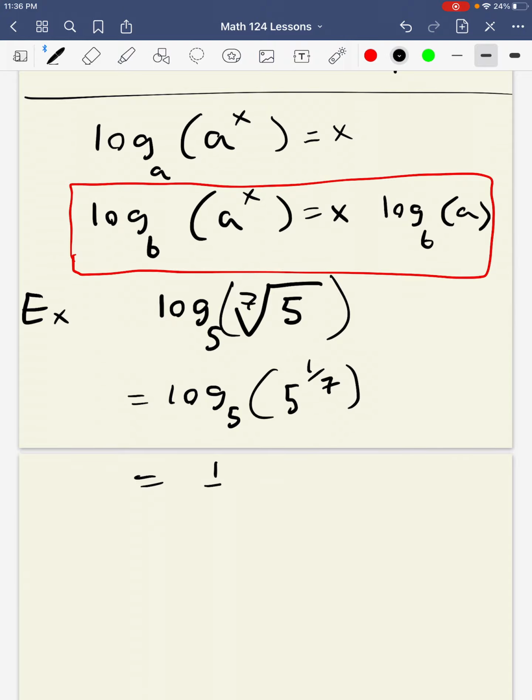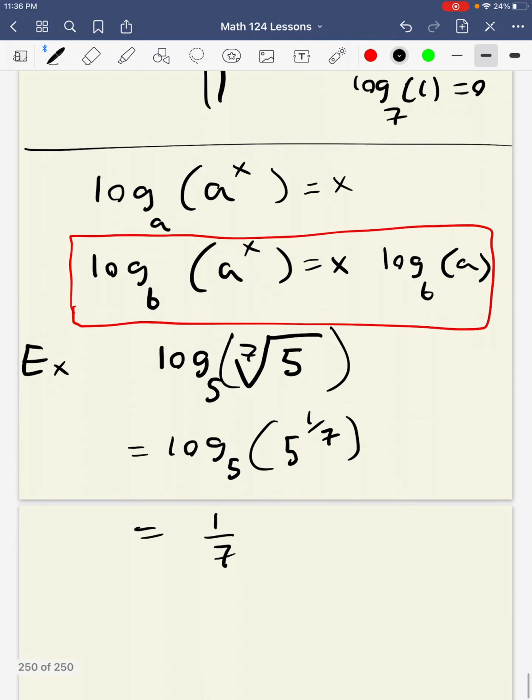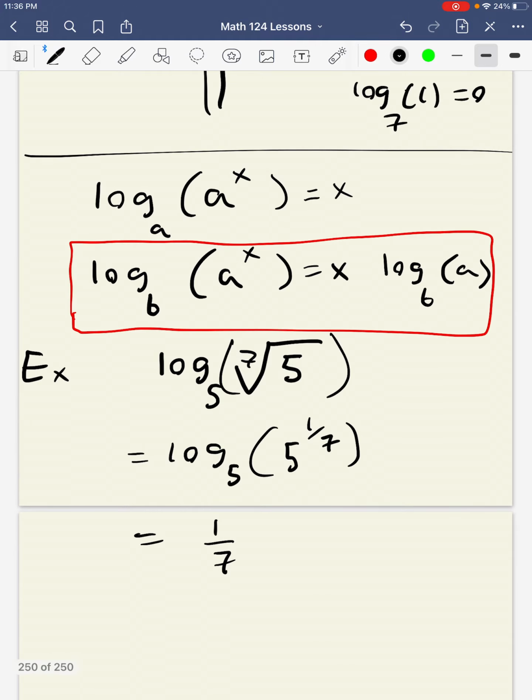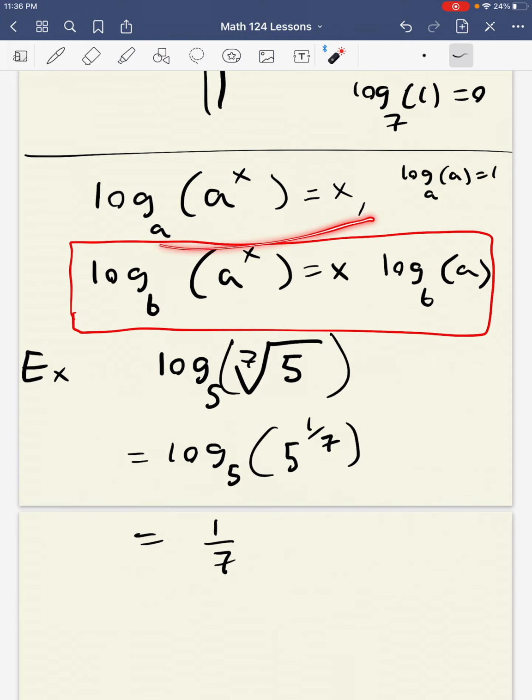We could use the top formula to just get 1/7. This is also telling us something here, that log base a of a will always equal 1. If these numbers are the same, it cancels out. That's what this formula is telling you.